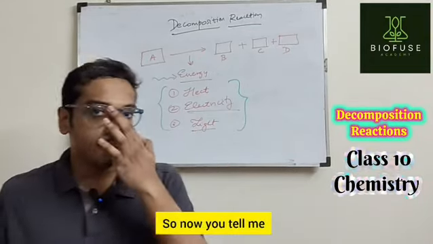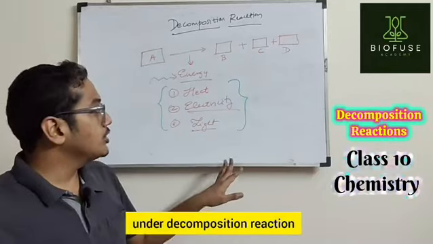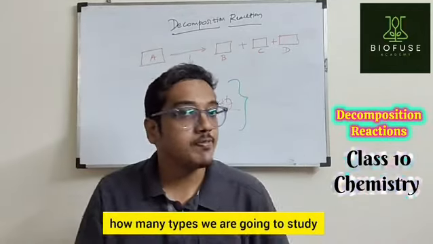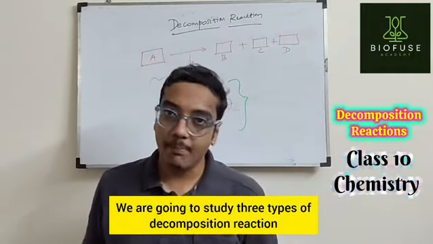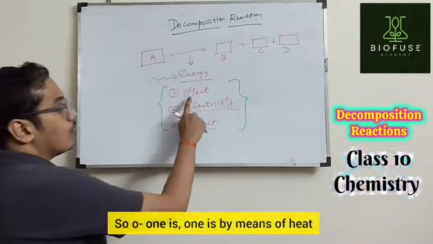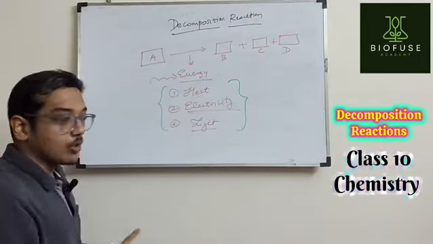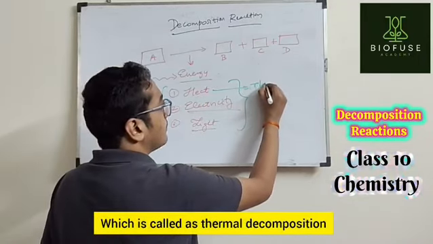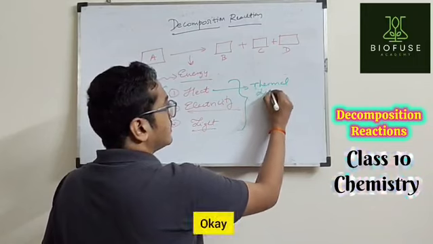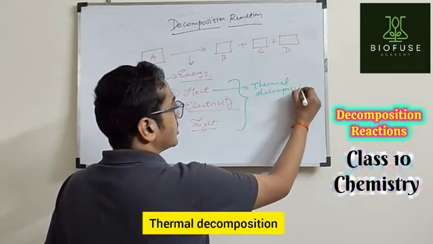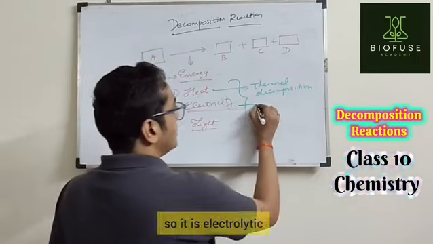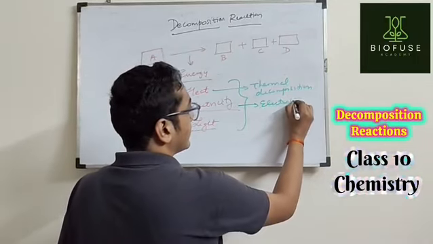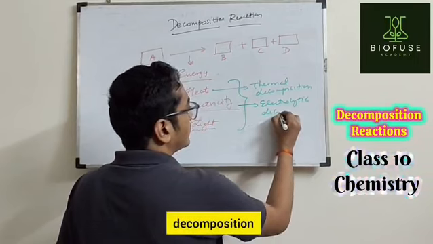Now you tell me, under decomposition reaction, how many types are we going to study? Exactly, we are going to study three types. One is by means of heat, which is called thermal decomposition. Second one is by means of electricity, so it is electrolytic decomposition.